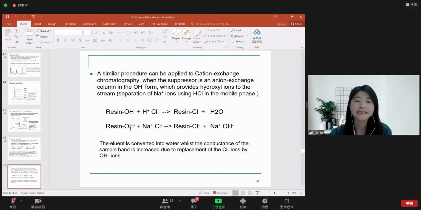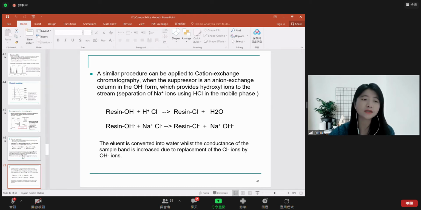However, the sodium chloride from a salt becomes sodium hydroxide. Because of the replacement of chloride by hydroxide, hydroxide itself is the most conductive anion. Remember, I gave you a number, 198, right? That's why by this way it also increases the signal, the response, and lowers the background, increasing the signal to noise ratio.